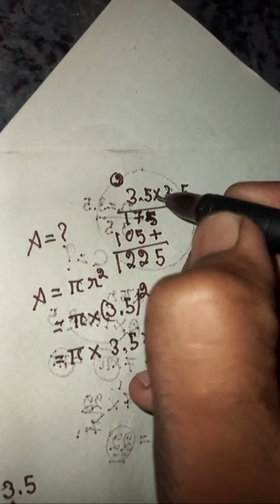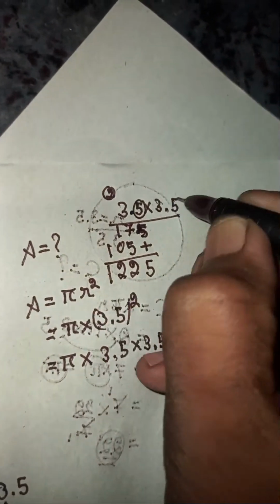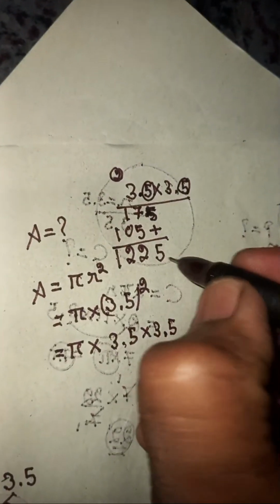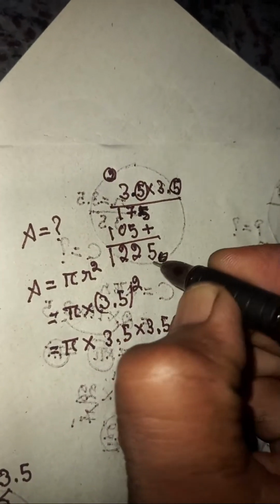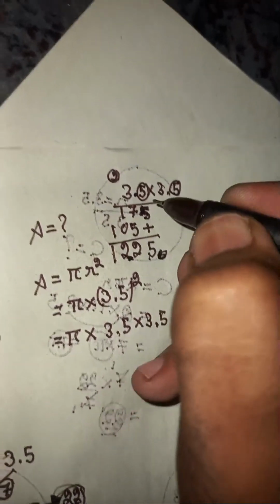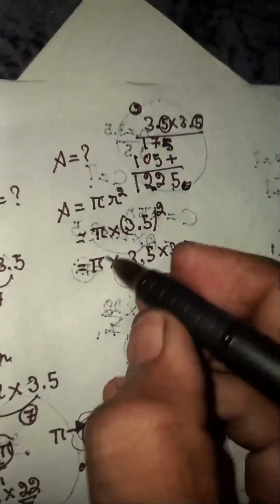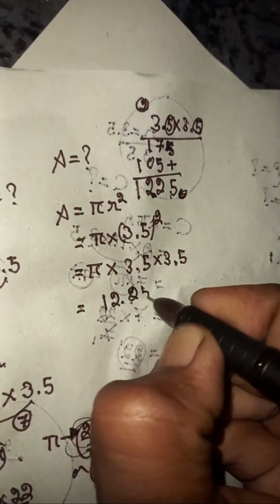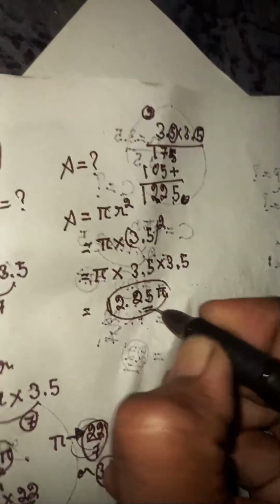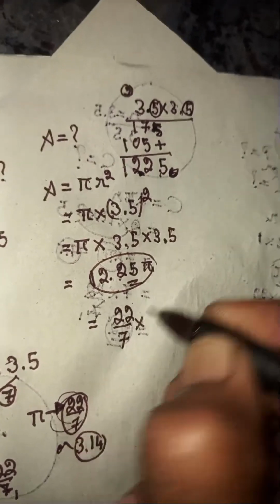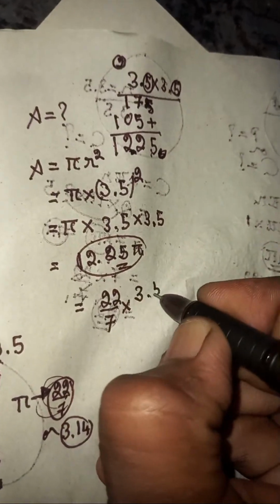Now there was 1 digit after the decimal here, and 1 digit after the decimal here also. So you must take the decimal 2 digits from the left. It's going to become 12.25. It is 12.25 pi units.